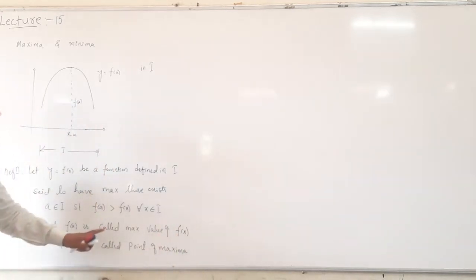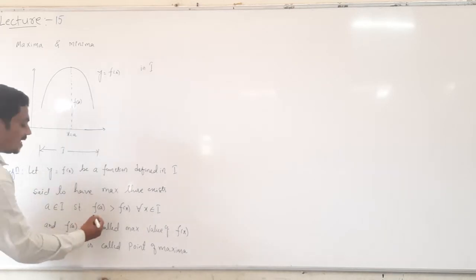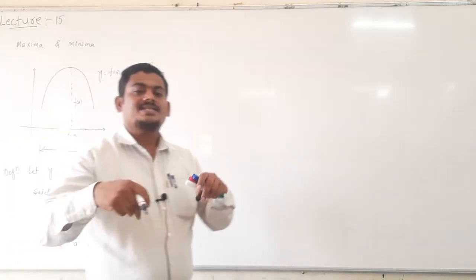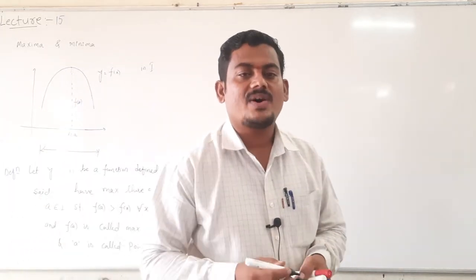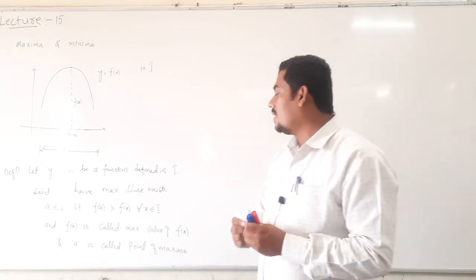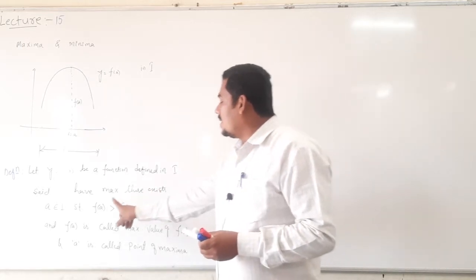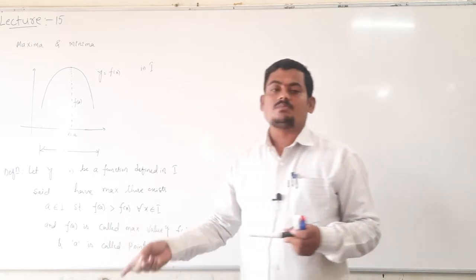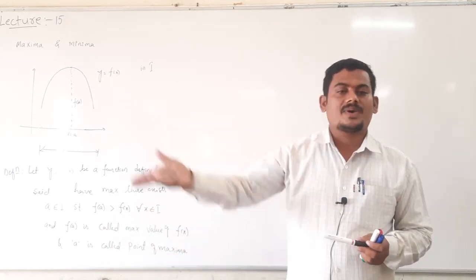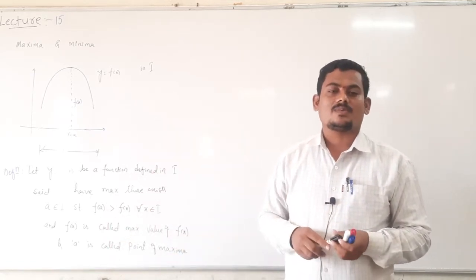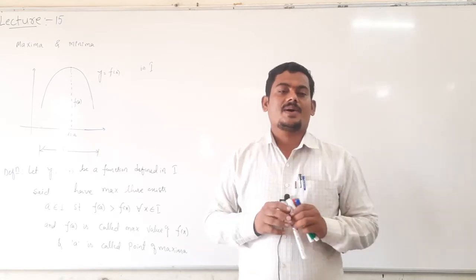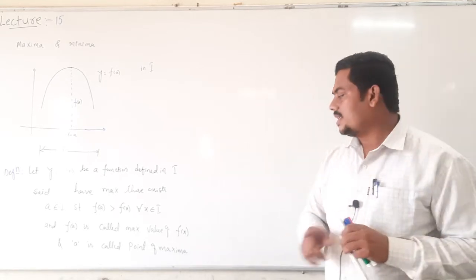Means at that point the function attains its maximum value. Remember this condition: f of a is greater than f of x for all x belonging to the given interval. Its meaning is f of a value is more than all the functional values in the given interval. Then we can say that f of a is the maximum value of the function.